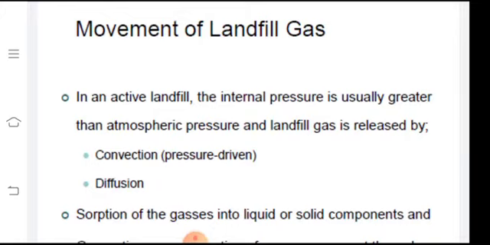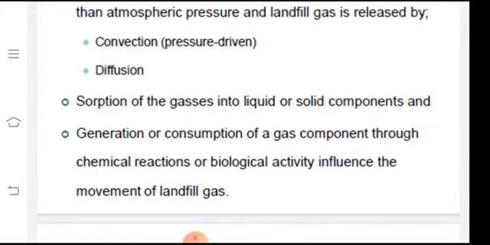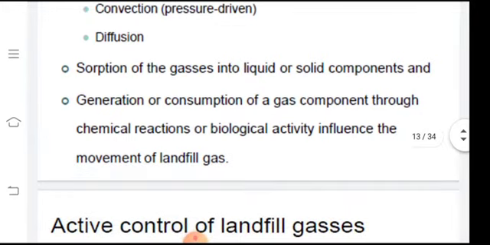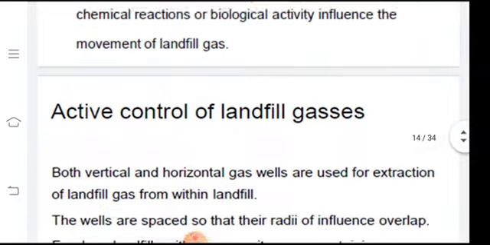And secondly is the diffusion process. Obviously, as we talked about in that case, there are concentration gradients, and then the sorption of the gases into liquid or solid components. And sorption is the mechanical dispersion, the same mechanical dispersion as we talked about in groundwater contaminant movement. These are the movement processes which are responsible for the movement of landfill gases.